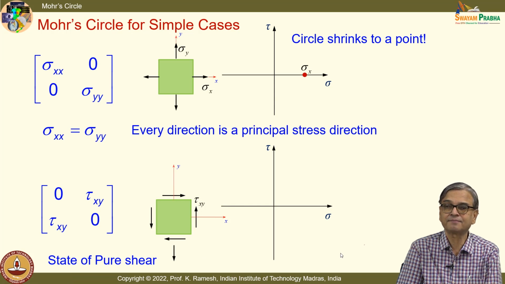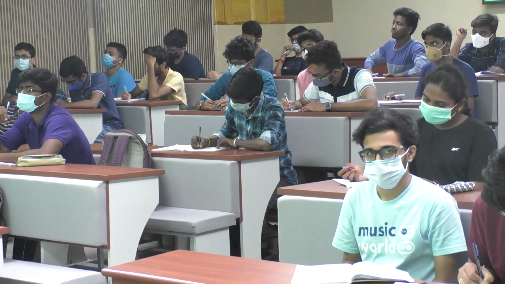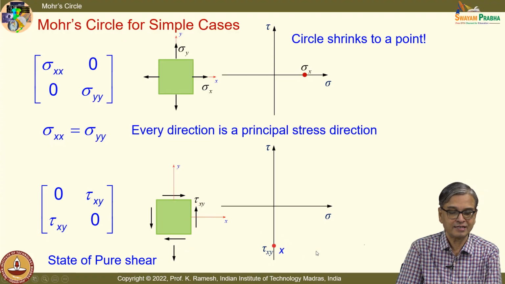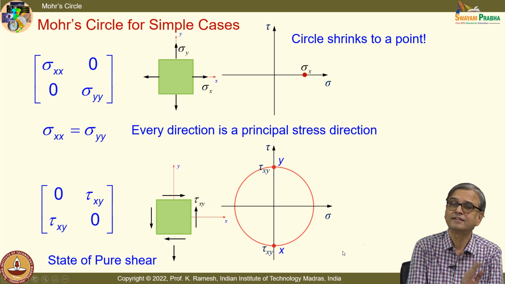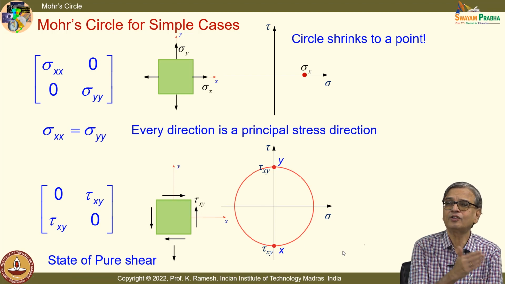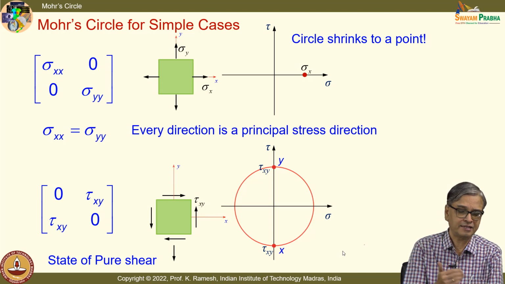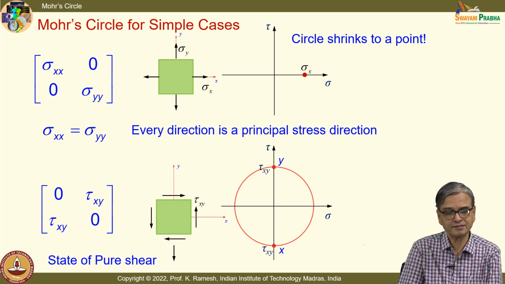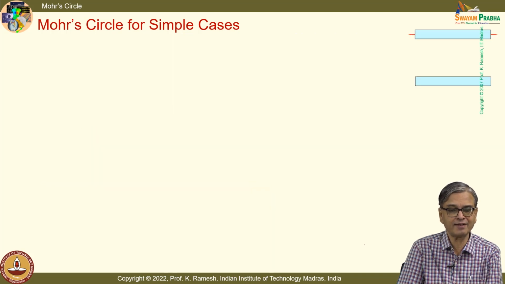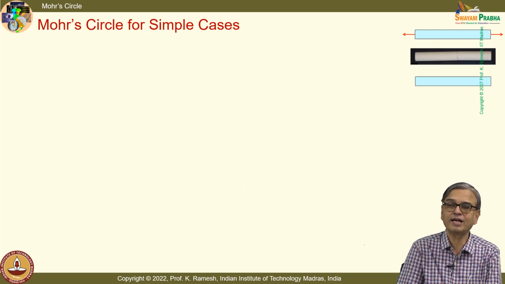Where will x come? Downwards. So, I have this and then I have a y plane. So, now I draw the circle. Is the idea clear? You are in a position to find out for simple cases: uniaxial stress, simple biaxial stress, and pure shear stress. We will also have two different cases, a positive shear and a negative shear.